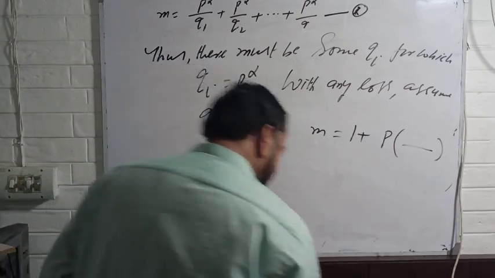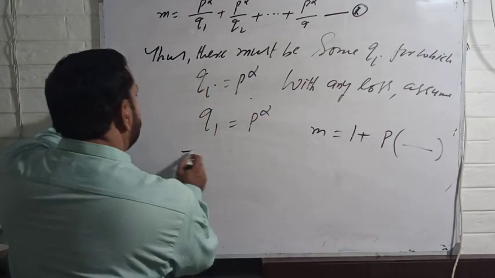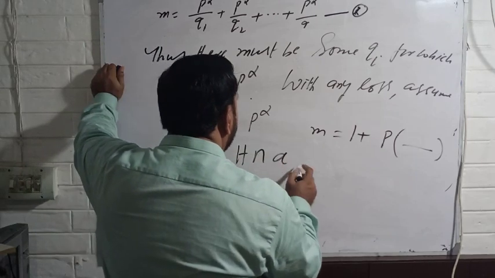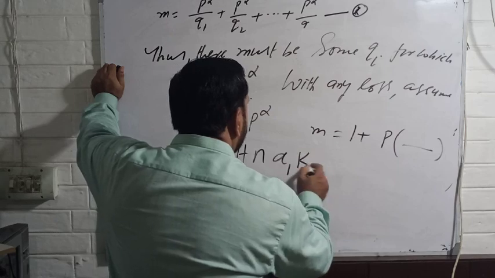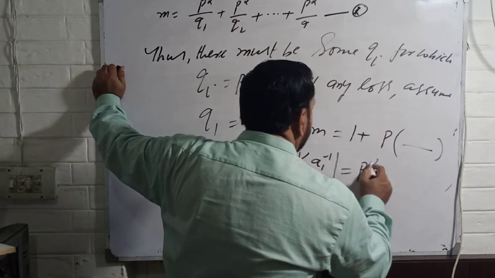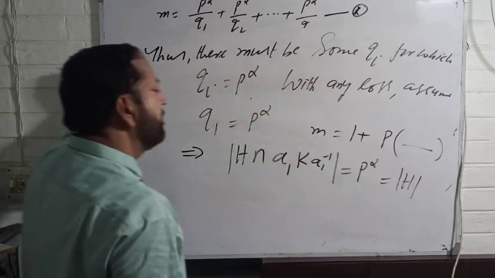What does it mean? This implies the order of H intersection A1 K A1 inverse is equal to P power alpha, which is equal to the order of H as well.